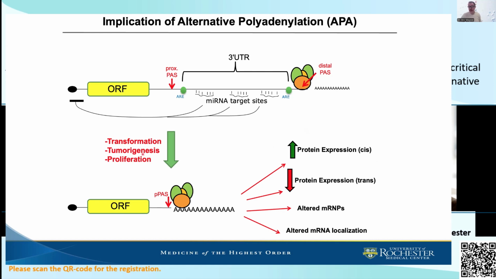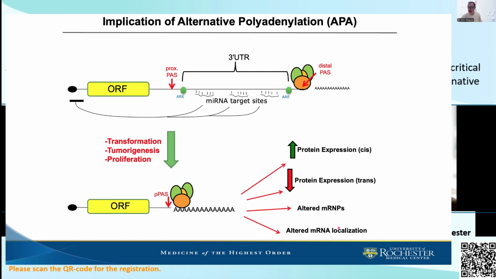But it gets more complicated and nuanced than that, because those same microRNAs now could go target other 3' UTRs that perhaps did not undergo shortening, which could actually inhibit their expression. Of course, the RNA binding proteins will now redistribute to other 3' UTRs, so you'll have altered mRNPs.